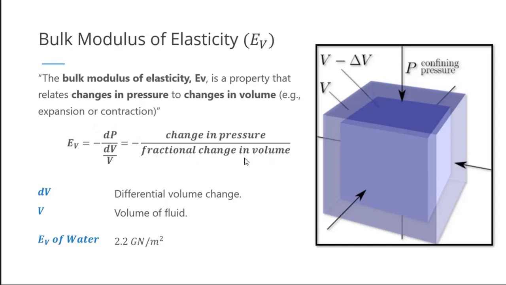So kaya siya tinawag na fractional change because it is the percentage volume or change in volume divided by the original volume. So here, dV is the differential volume change. V is the volume of fluid. So we have here example of water. We have 2.2 gigapascal bulk modulus of elasticity.